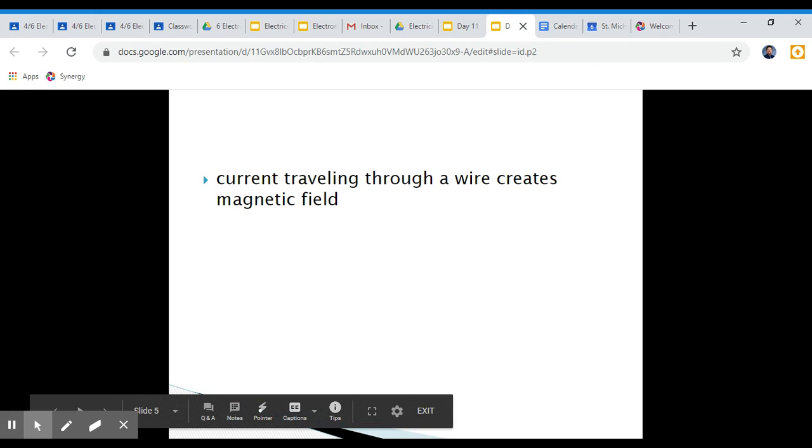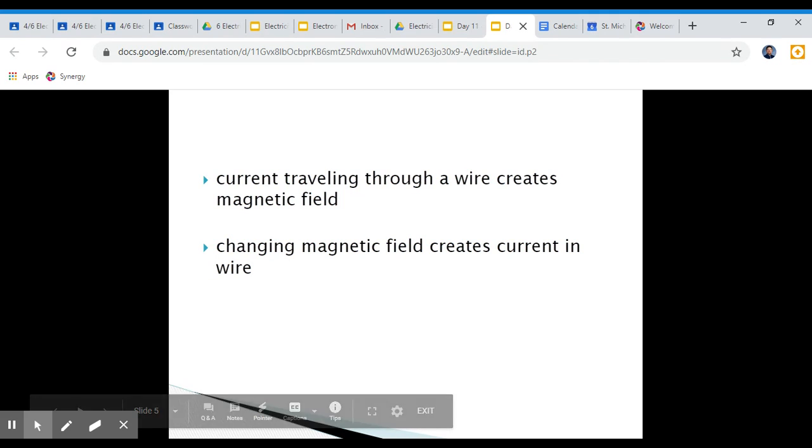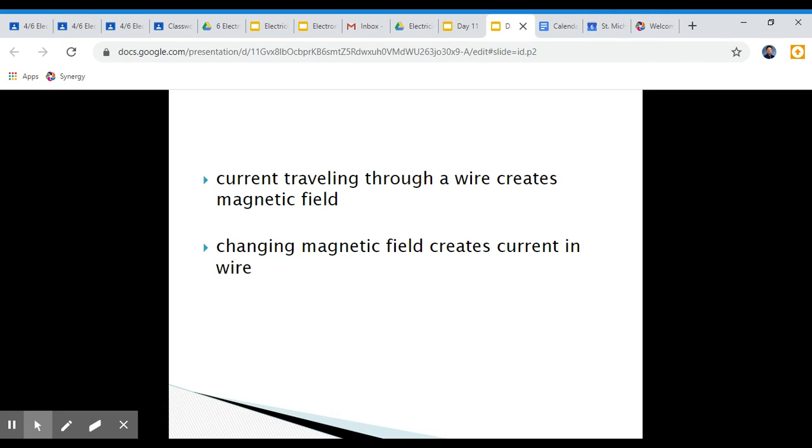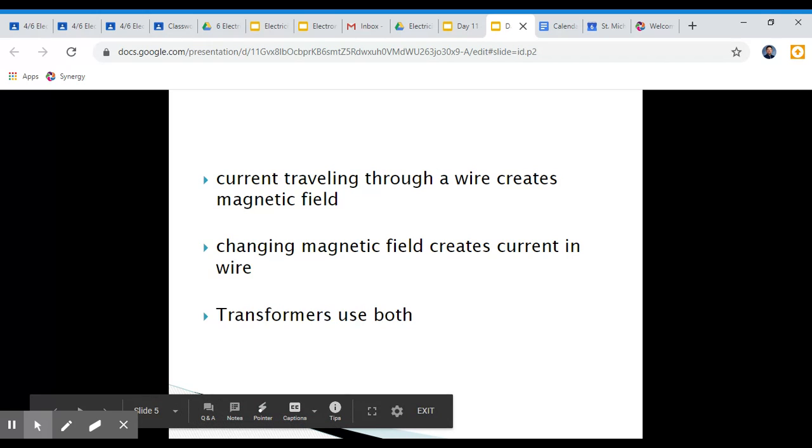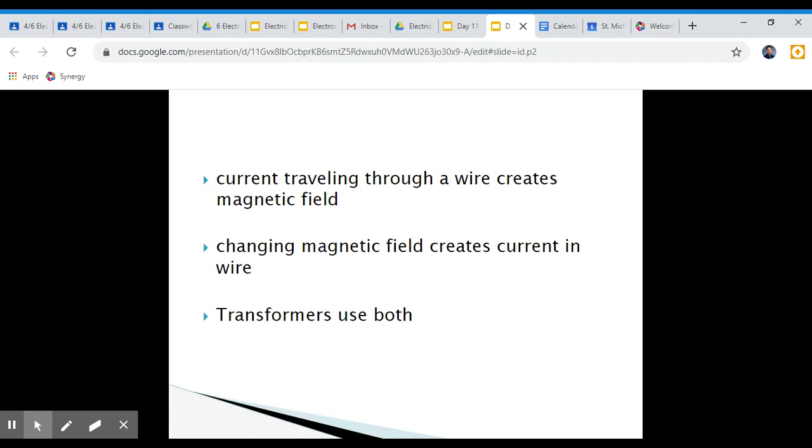Okay, so we can have current traveling through a wire, and we know that creates a magnetic field, and we know that a changing magnetic field creates current in a wire, and transformers actually use both of these. So I'll have you watch a video here in a little bit, but just briefly, a transformer essentially sends current into a wire, and then that wire gets wrapped around a coil in an iron core, creating a magnet and a magnetic field.